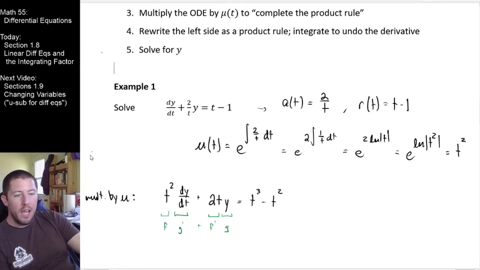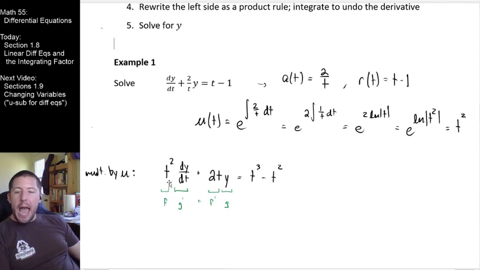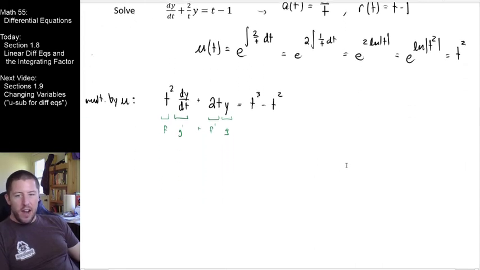By multiplying by, and again, I don't think any of you could have looked at this and thought, if we multiply by t squared, I'll be able to solve this thing. You're just not going to see it. So that's why this integrating factor is super important, that we can actually solve for the integrating factor so that we end up automatically in a product rule scenario right here.